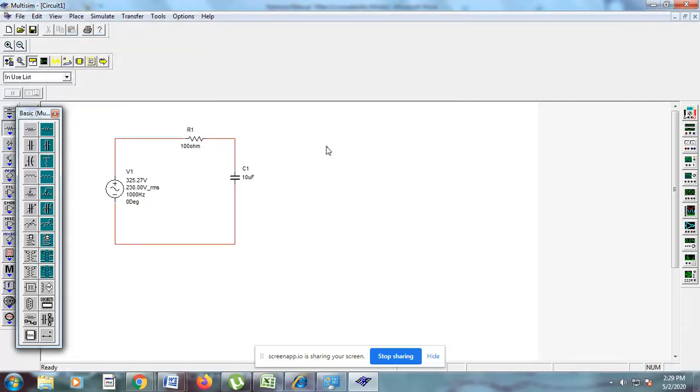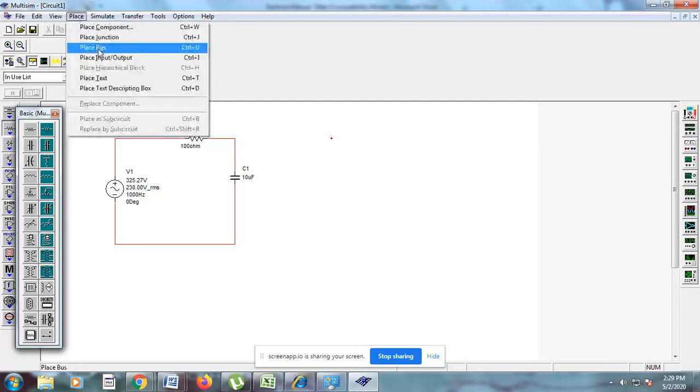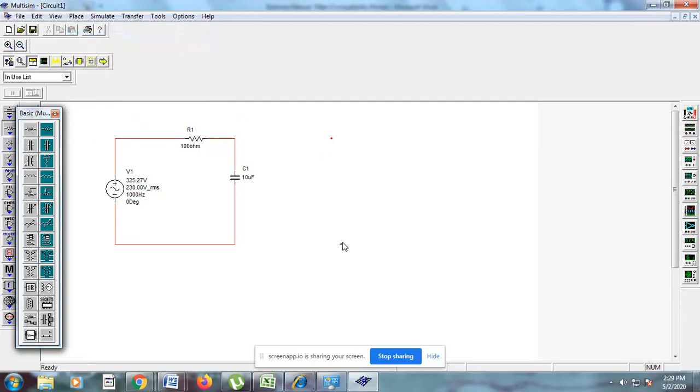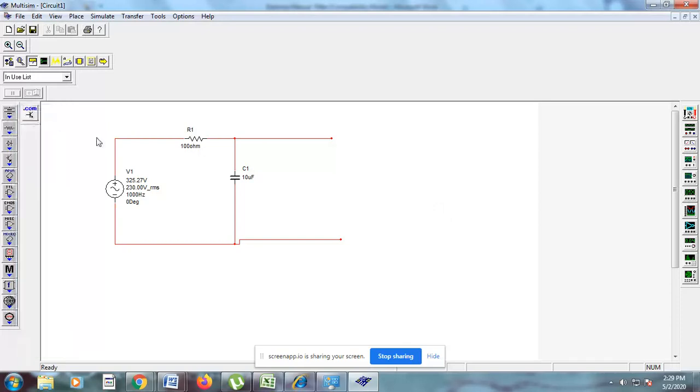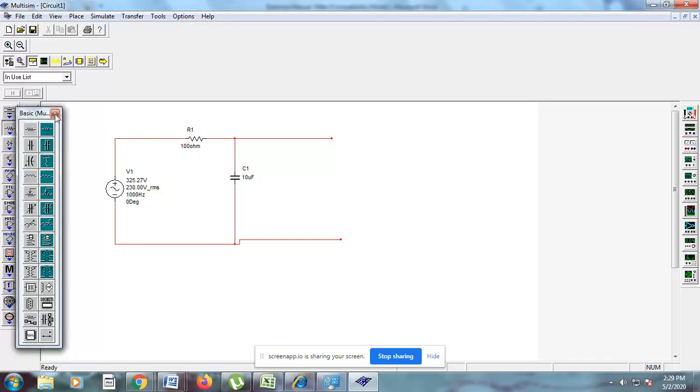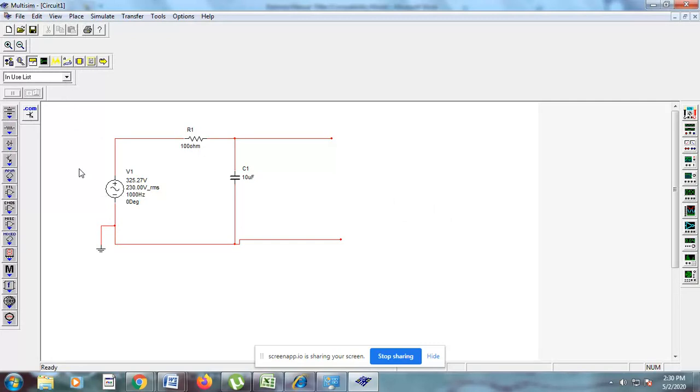Now we place a junction here and connect the junction to the circuit. And the most important thing, a ground is connected to the circuit. If we do not connect the ground, the circuit will not run. Now we select a Bode plotter, by which we can see the frequency response.